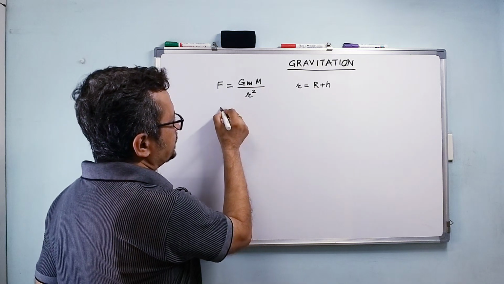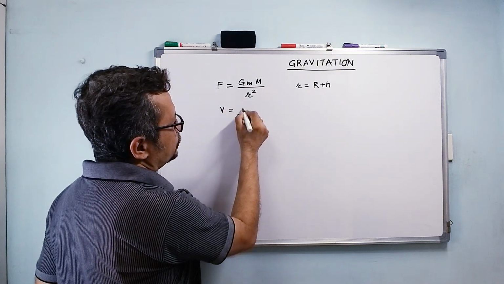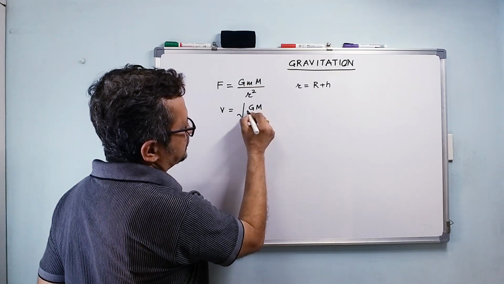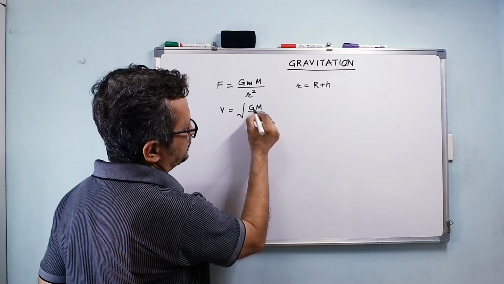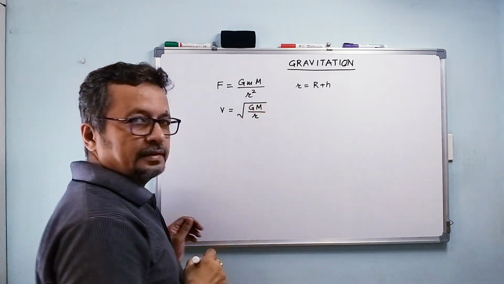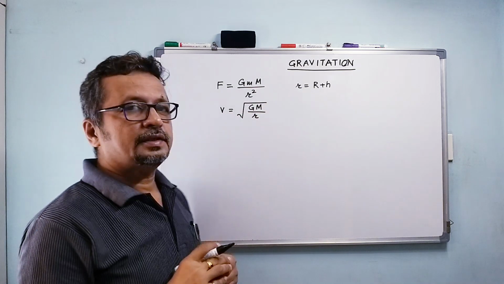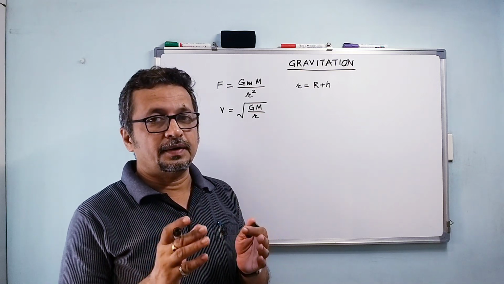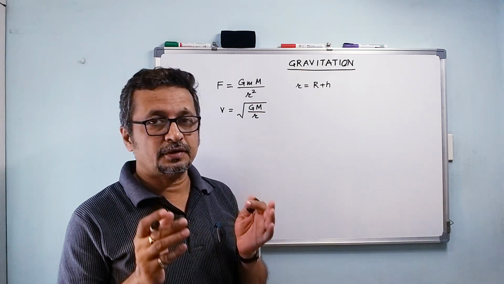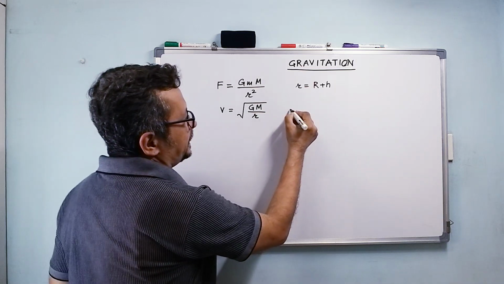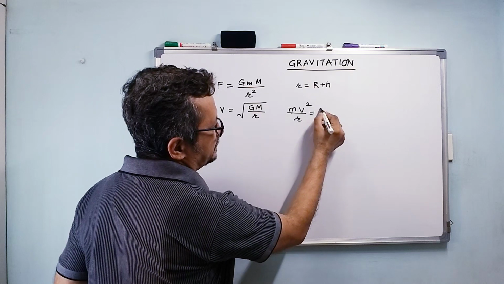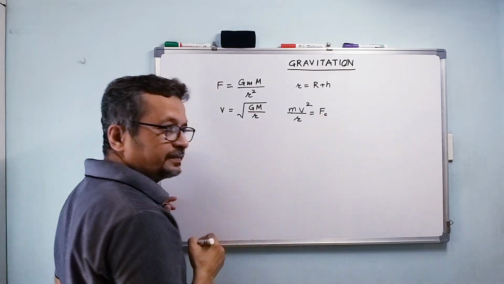Now what is the velocity? Velocity is root over GM upon r, right? Now what is the centripetal force which is necessary for the circular motion? That is mv square upon r, the centripetal force Fc.